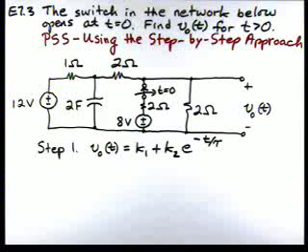1 is we assume a solution, and we know for this circuit that V0 of t is going to be of the form K1 plus K2 e to the minus t over tau. And now we need to use circuit analysis techniques to be able to identify K1, K2, and tau.